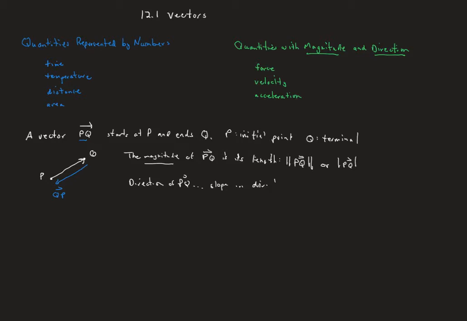And so that is going to look very much like what we've been doing in our trig stuff. But I'm getting ahead of myself a little bit there. Two vectors are equivalent if they have the same magnitude and the same direction.